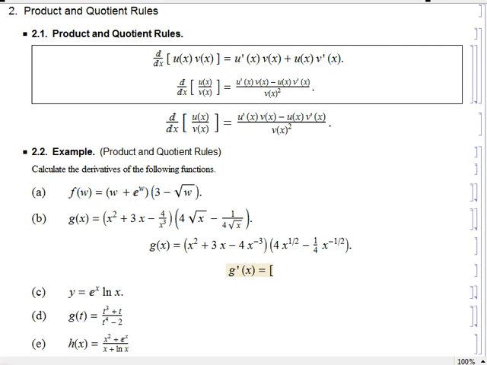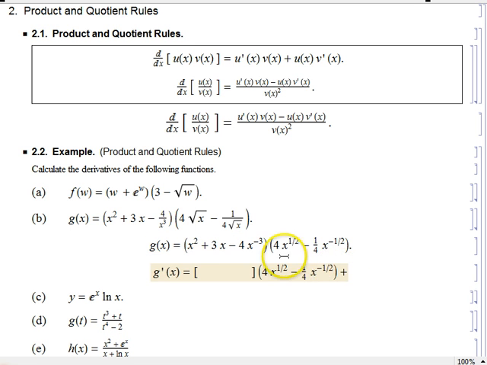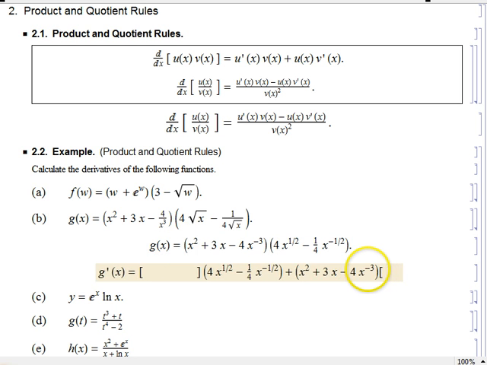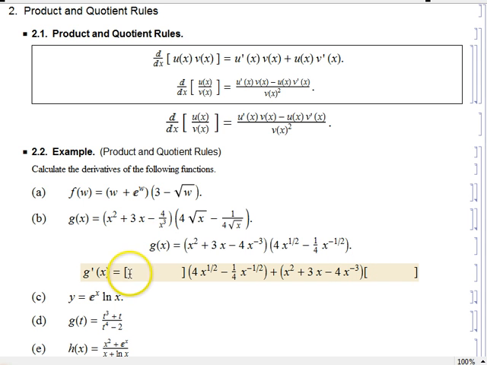Instead of just going ahead with the derivative computation, get the structure of the product rule first, and then do the derivative computation one at a time. So the structure of the product rule is done. u prime will be filled up here, and then v, you can just copy that, plus u, I just copied and pasted, and then v prime will be filled up right here.